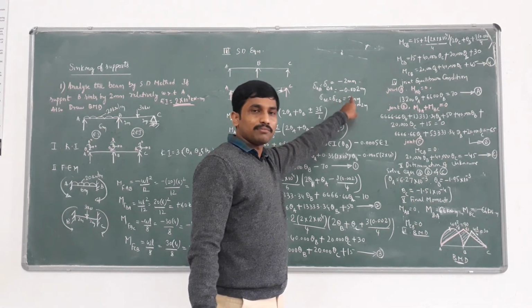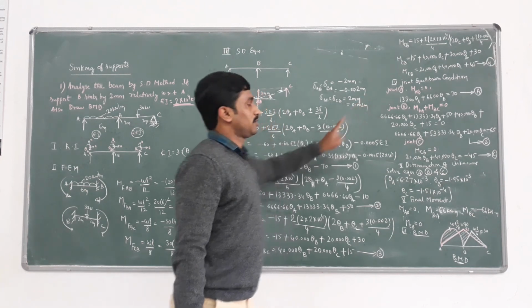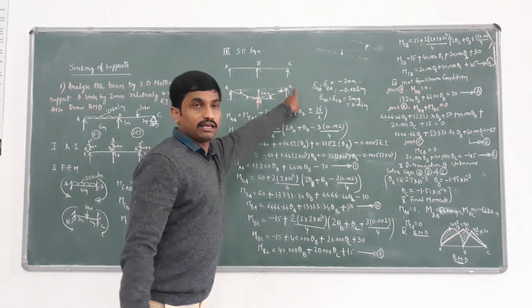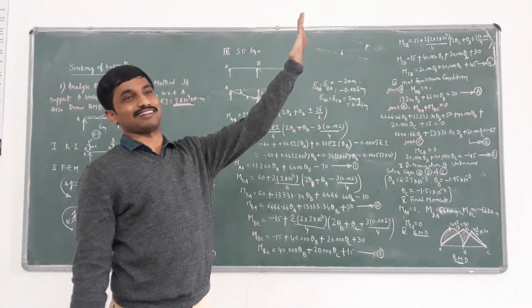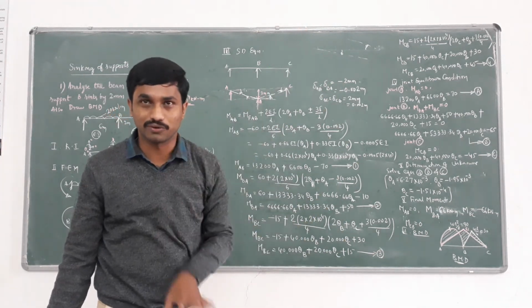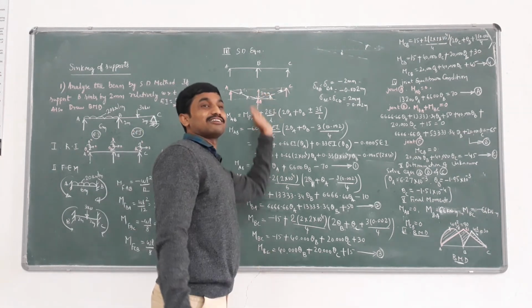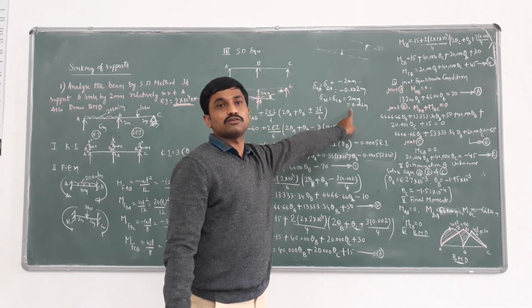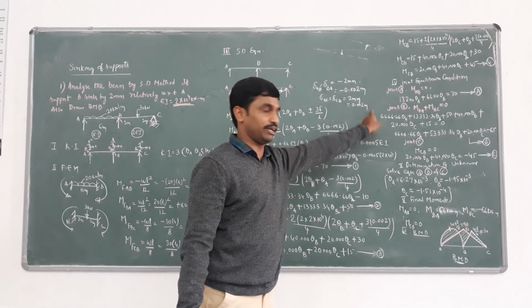So 2 mm, 2 by 1000, so 0.002 meters. But if you observe BC with respect to C, B is above the baseline. So that is positive. For positive displacement, which type of rotations are possible? Anti-clockwise. So this is 2 mm, 2 by 1000, 0.002 meters.